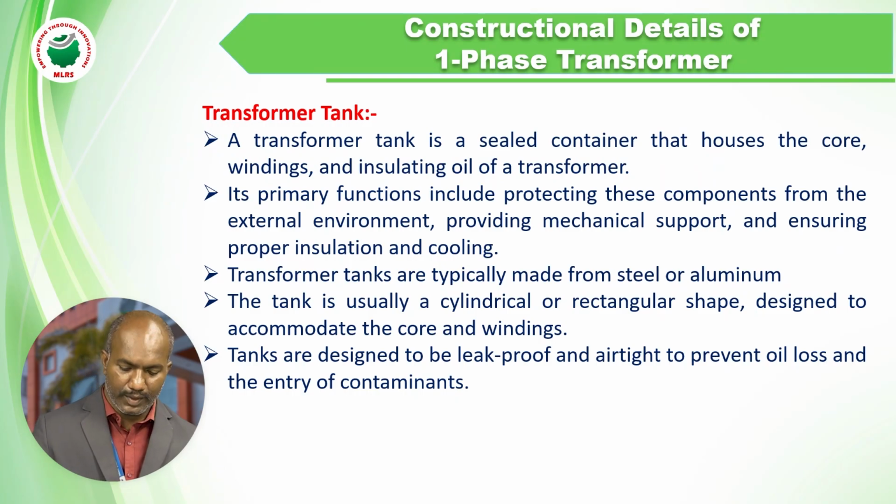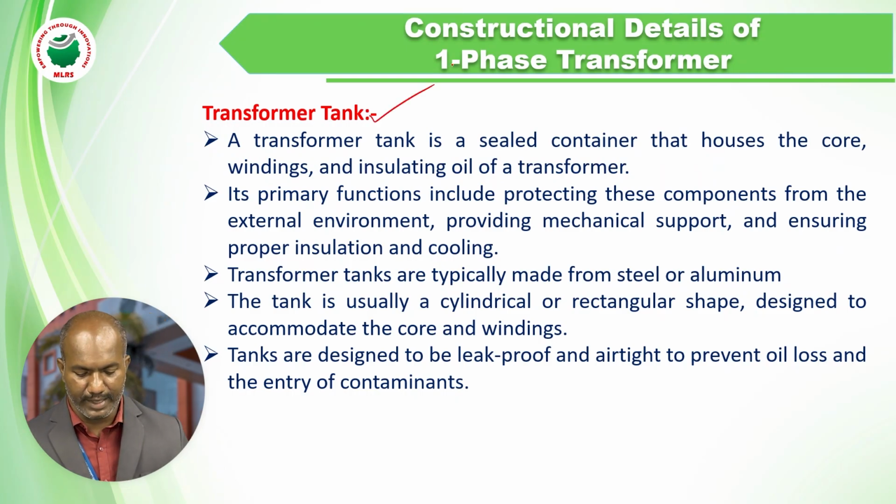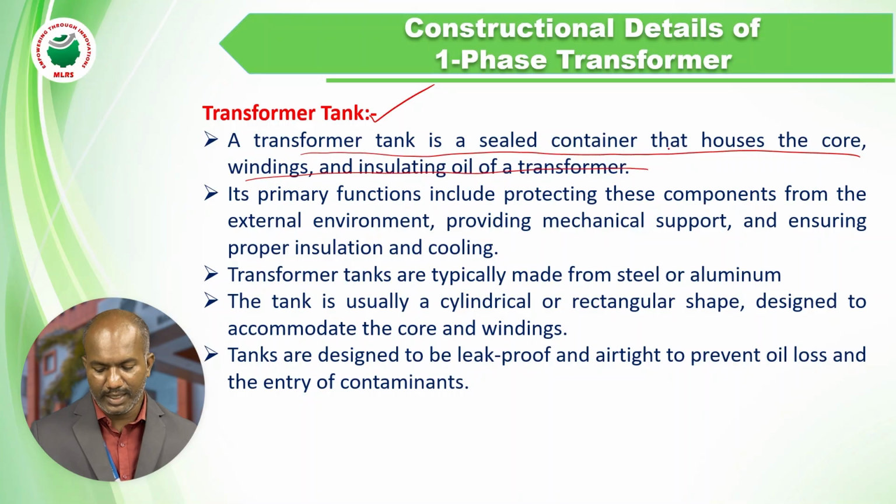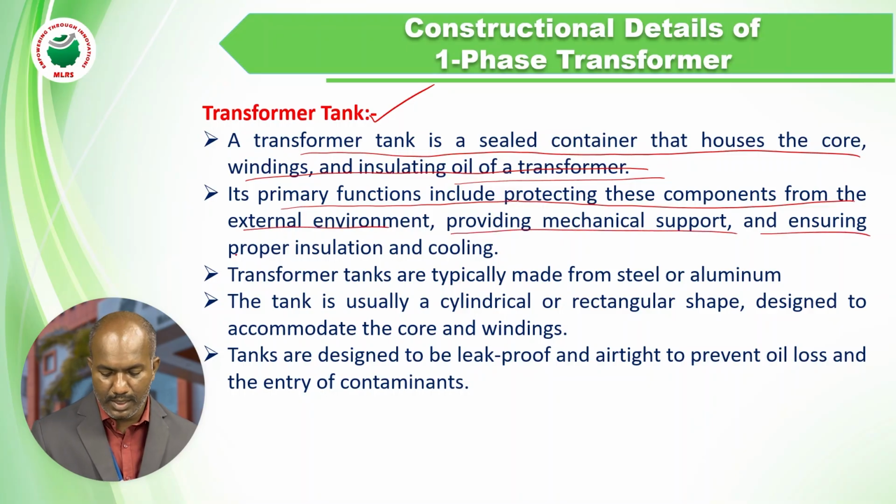The next important part is the transformer tank. A transformer tank is a sealed container that houses the core, windings and insulating oil of the transformer. Its primary functions include protecting these components from the external environment, providing mechanical support and ensuring proper insulation and cooling.